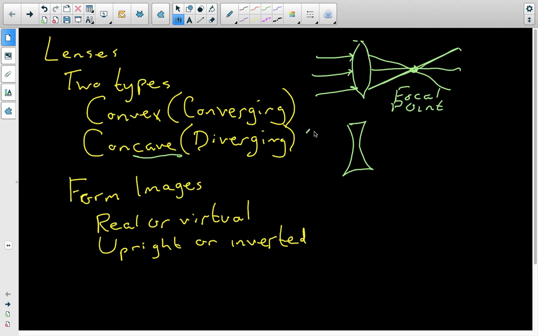Whereas diverging is kind of what it sounds like. If you have a bunch of parallel rays coming here, they will spread out. They spread out from a focal point on the other side.